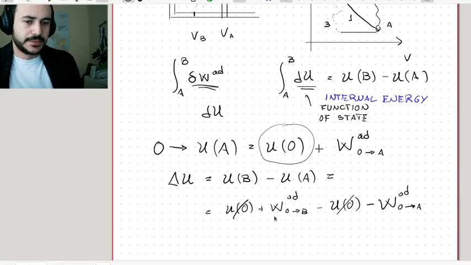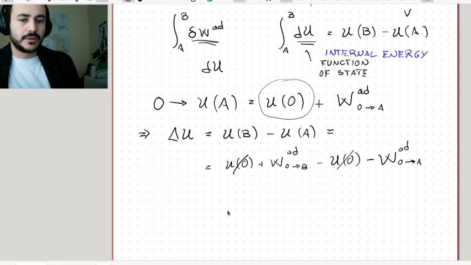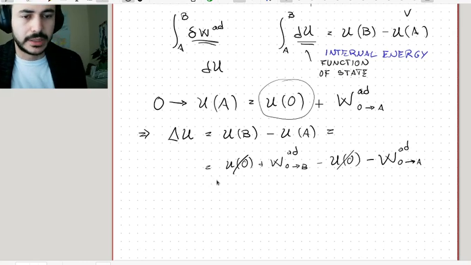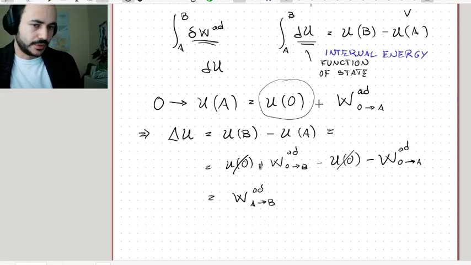Okay, so at the end of the day, I really don't care about the constant, and I will always be interested only in the difference in internal energy between any two relevant equilibrium states of my system. I can write this as the adiabatic work between A and B. Okay, this is what we saw in the very beginning when we introduced the definition of any function of state.